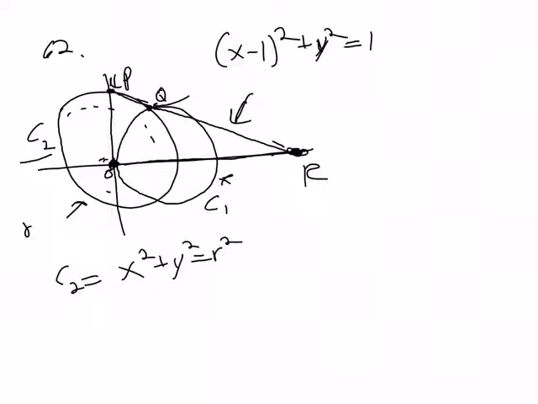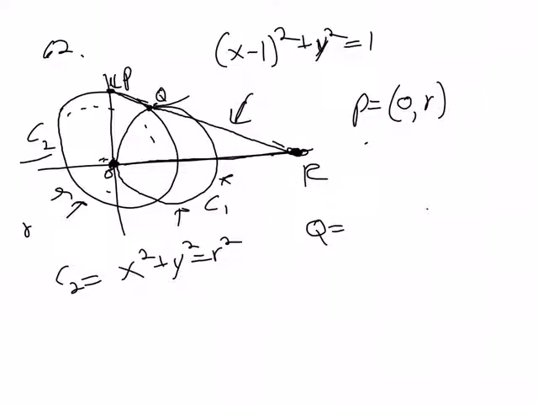The point P is very easy to determine. It's just 0 comma r, because it's the point right over there. Point Q will be a little more difficult to determine, but it's in the intersection of this circle and this circle, and we wish to find what Q is.